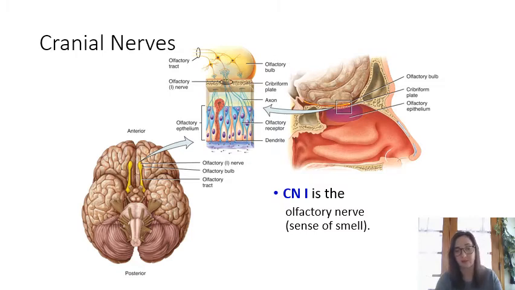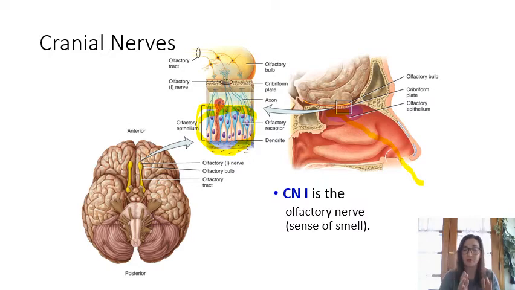So here's a sagittal view. If we breathe something in, the little particles that we breathe in are going to go into our nasal cavity. They're going to reach this olfactory epithelium, these epithelial cells that are on the roof of the nasal cavity.